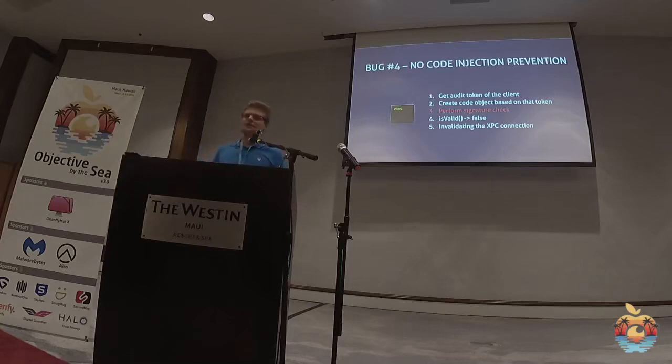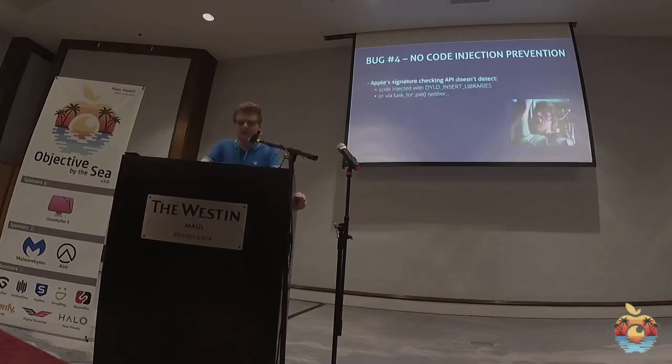So unfortunately, there is yet another thing that may go wrong at that point, because as it turns out, the Apple signature checking API won't detect if any code has been injected with DYLD insert libraries or the task for pid method either.